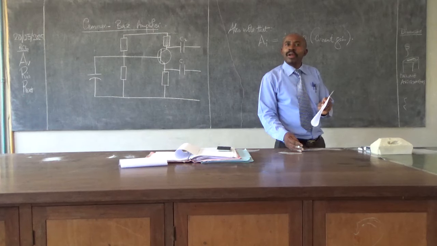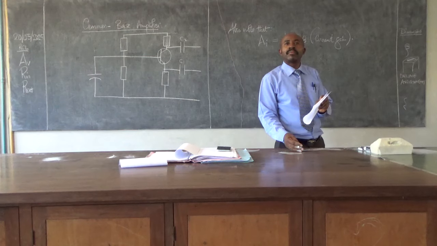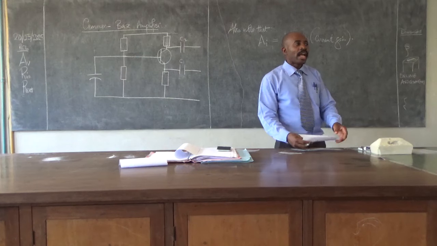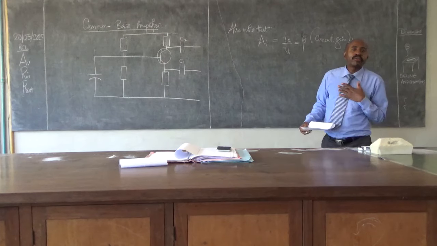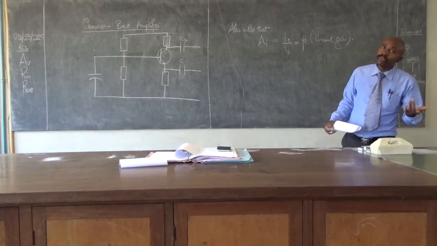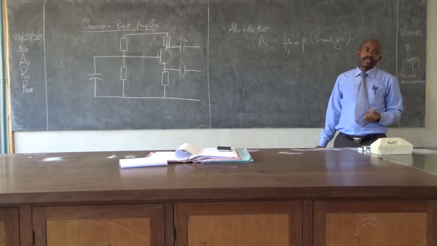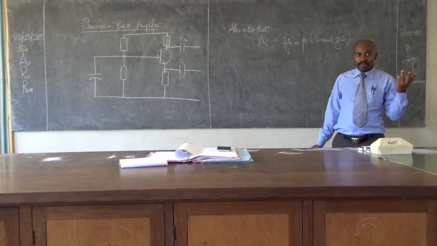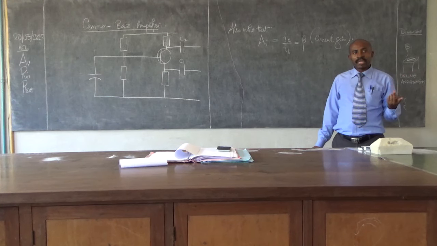Don't feel happy that your problem has been solved by the technician, because you will go when you are down and you don't know how it came. If an oscilloscope is there, my job is just to teach you how an oscilloscope works. You are the one to use it to get what you want. And remember, I am the UNEB examiner.